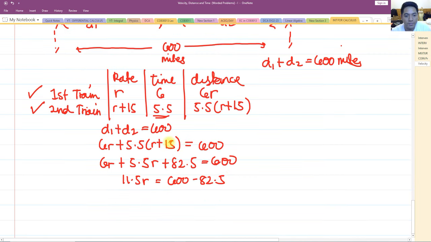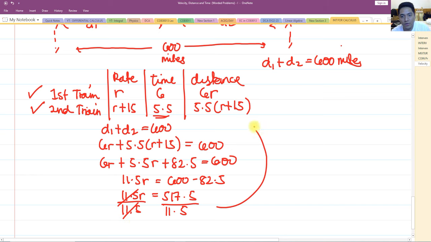So this becomes 517.5 equals 11.5R. Dividing both sides by 11.5 to get the rate of the first train, R is 517.5 divided by 11.5. So, R is 45.